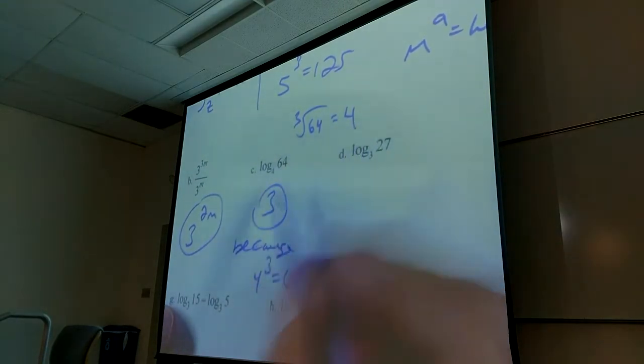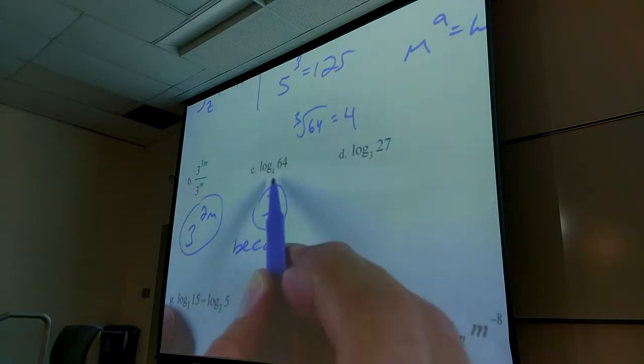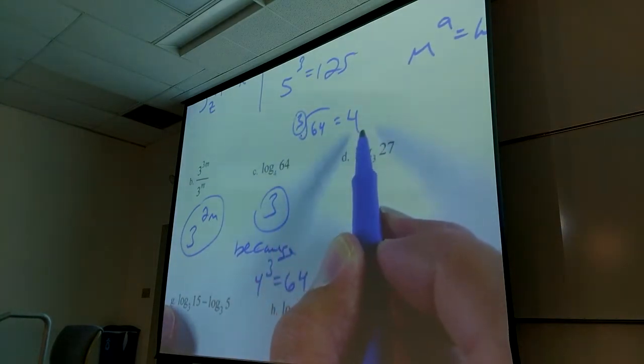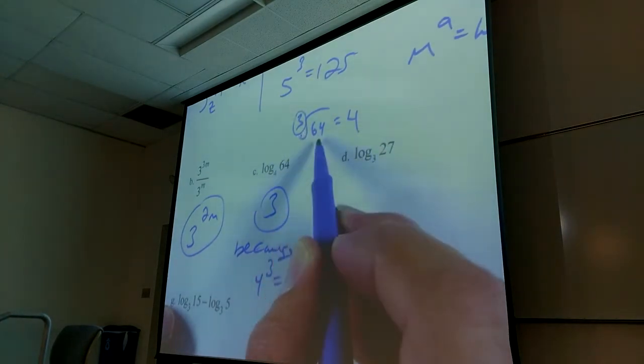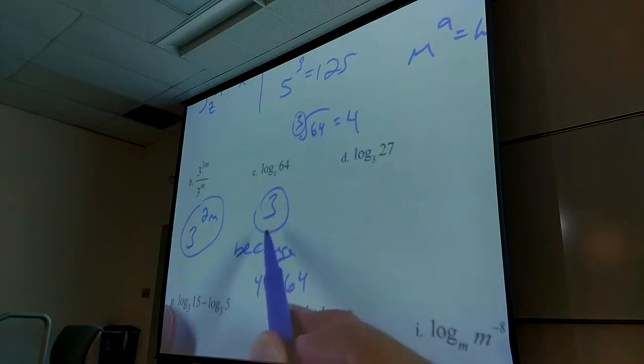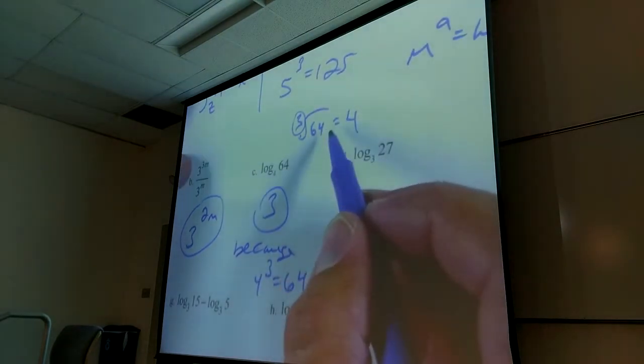There's a connection here, but they're not the same. Here I know the base, I don't know the power. Here I know the power, I don't know the base. So what do I cube to make 64? 4. What do I raise 4 to make 64? The third power. There's a connection there. But here the power is not known, here the base is not known at first.